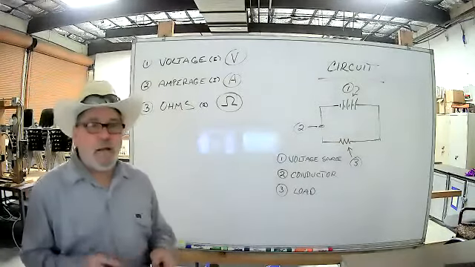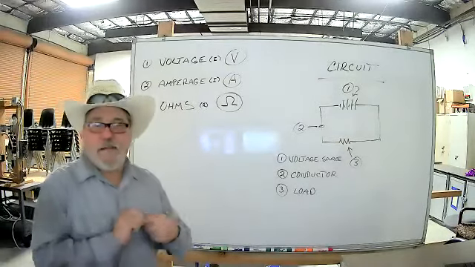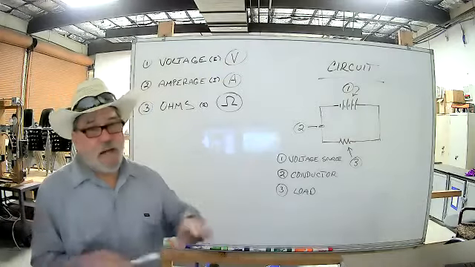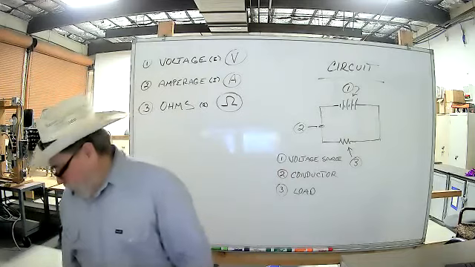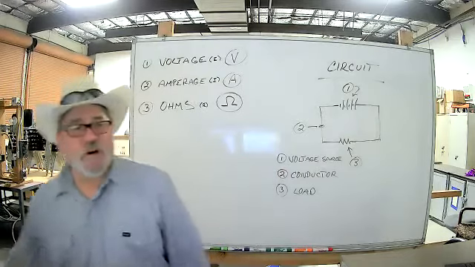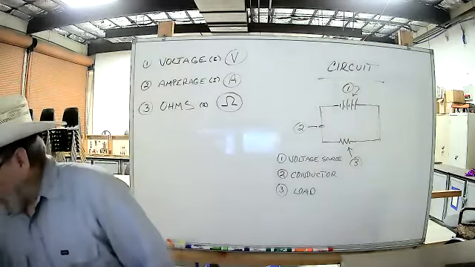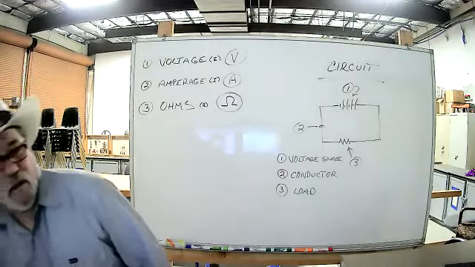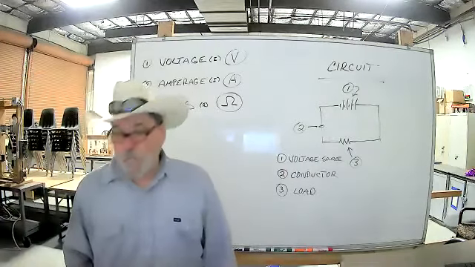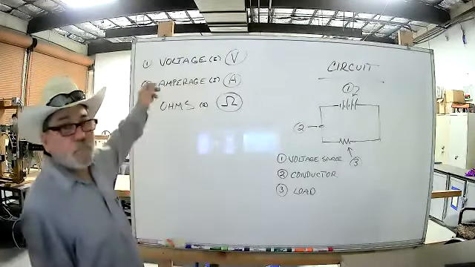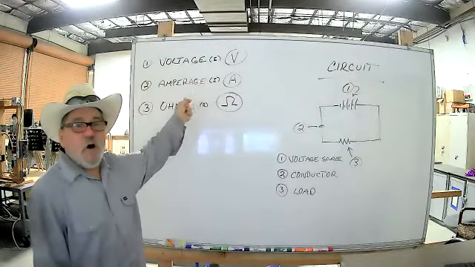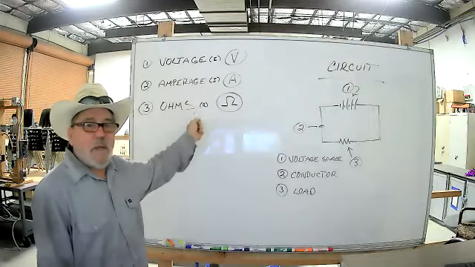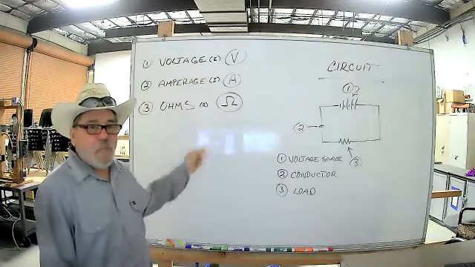Why make it more confusing? Why make it harder than it needs to be? You know what I mean? If you're going to be an electrical engineer in design, that's a different story. But this isn't an electrical engineering class. This is a construction, electrical construction class. So you guys should know that V is voltage, A is amperage, the omega sign is ohms.